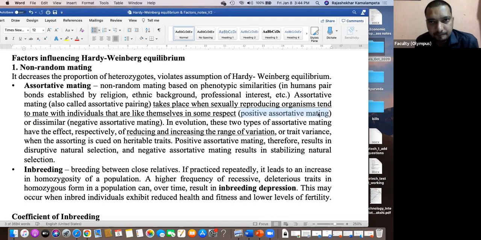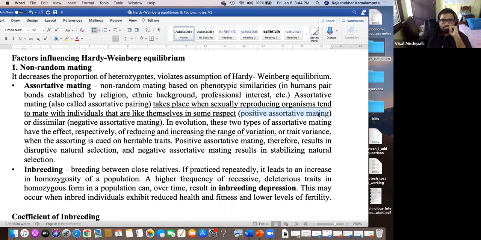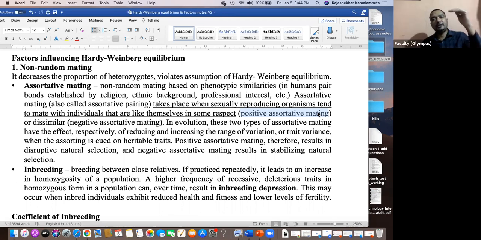So what is the result of this then? If some amount of selection is happening, what type of impact will that have on genetic equilibrium? Depending on whether it is positive or negative, genetic diversity will increase or decrease, correct? If people marry those that are like them, a particular type of genotype will increase. So bias will be created in the population.